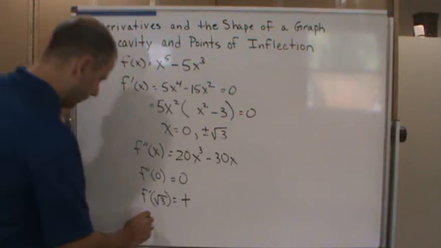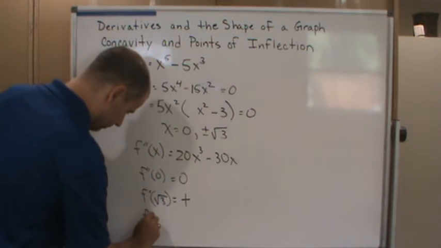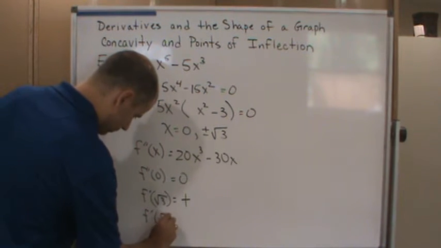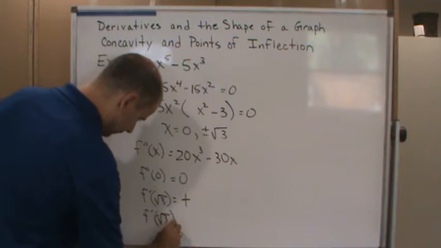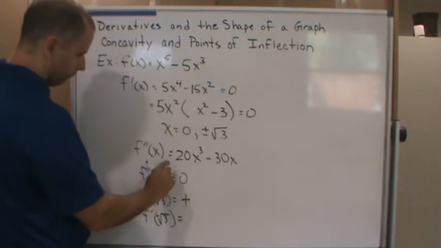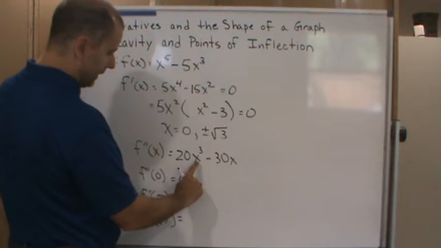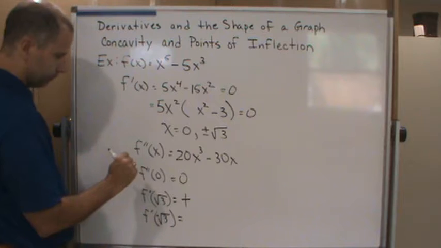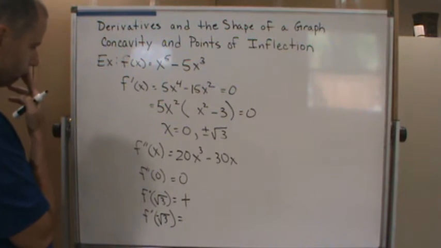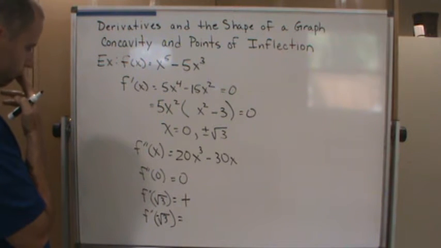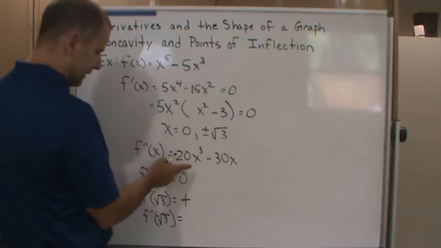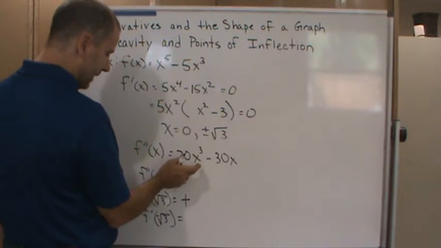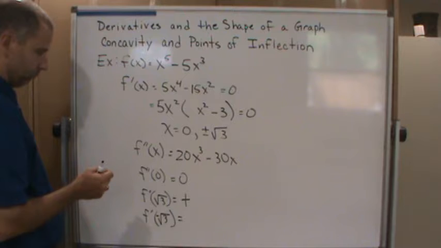Now, what about negative square root of 3? Well, that's going to end up being 60 times a negative square root of 3.